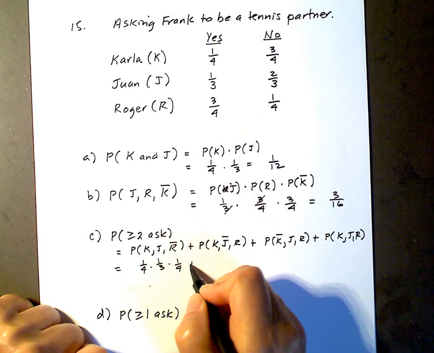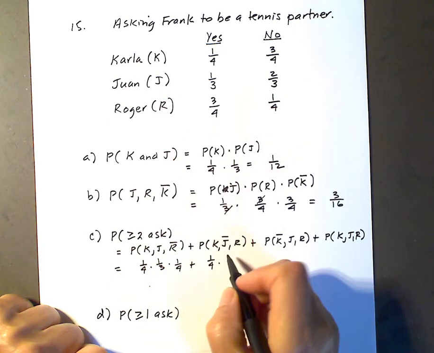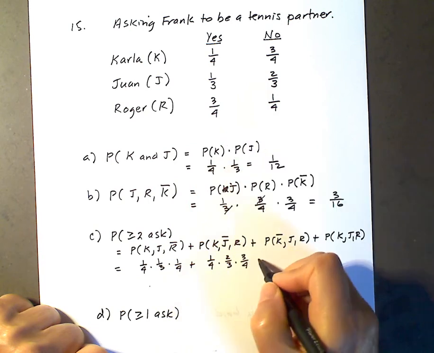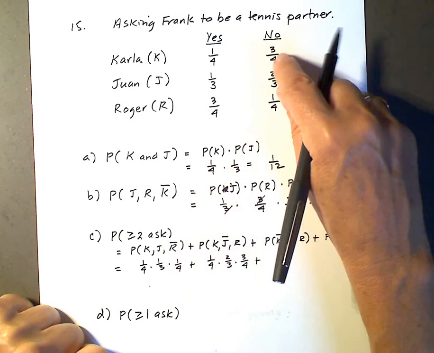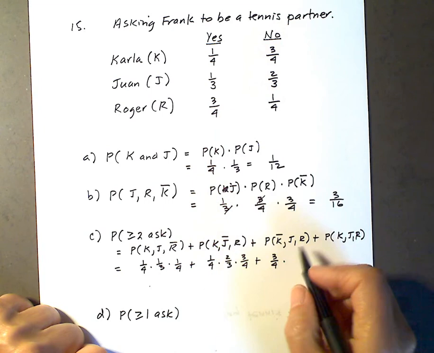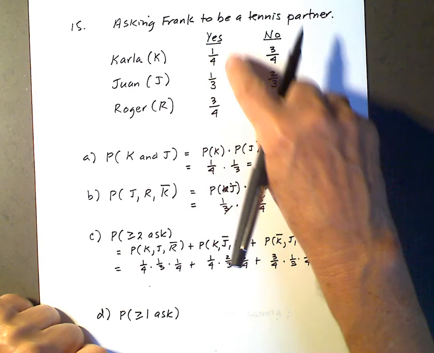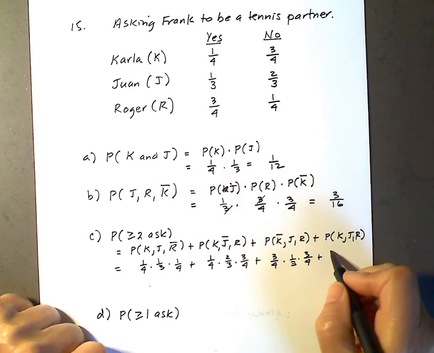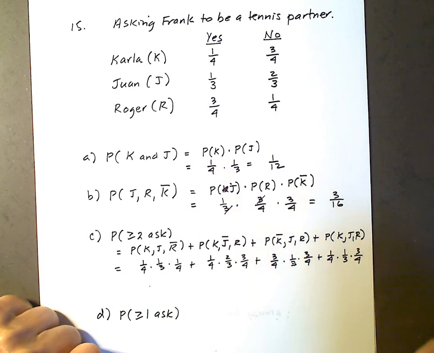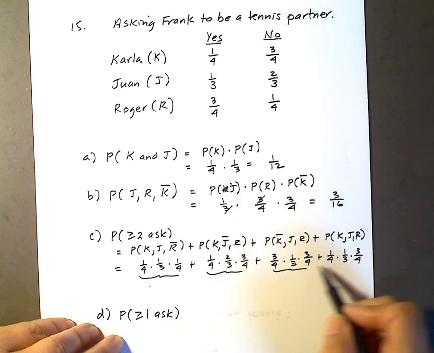And this will be 1/4 times not Juan, so 2/3, times 3/4 for Roger, plus this will be not Carla, so 3/4 times 1/3 times 3/4 for Roger does, and then if all 3 do, 1/4 times 1/3 times 3/4. So then these are all, just leave them in a common denominator of 4 times 3 times 4, which is over 48.